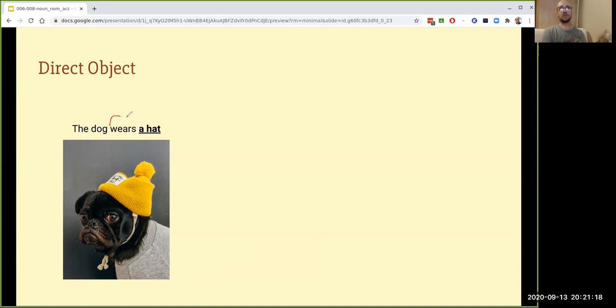And this whole thing that includes the verb and what kind of orbits or is dependent on the verb is what we call the predicate. And this element right here, a hat, that's our direct object. So called because it's kind of like the verb is directly operating on that. So the dog wears a hat.